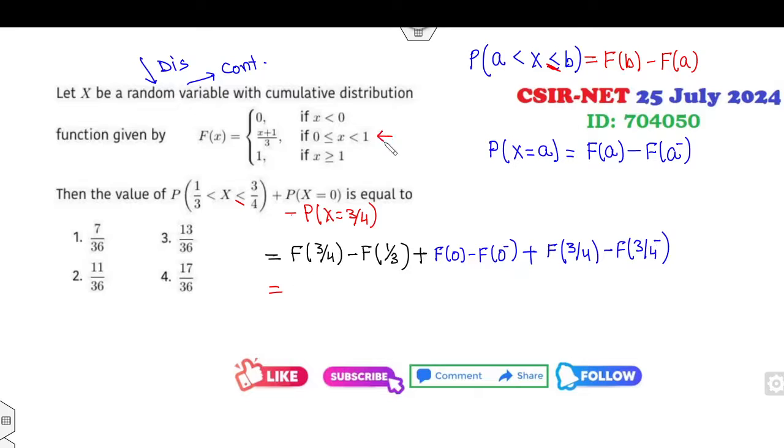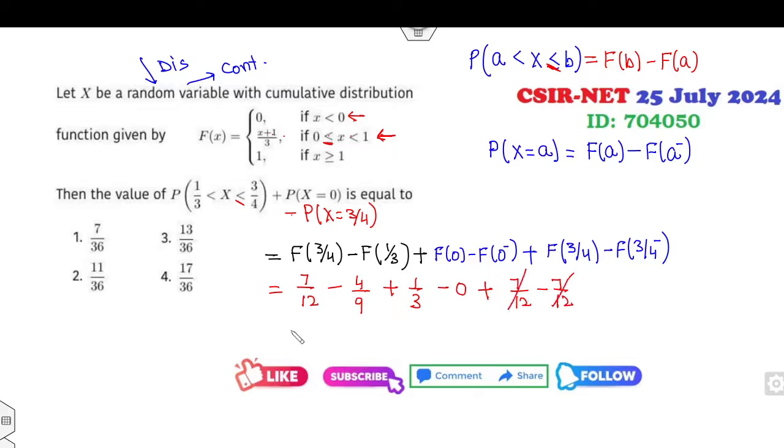3/4 lies in this case, so it is 3/4 plus 1, 7 over 4, that's 7 over 12. 1/3 again lies in this case, so it is 4/3 into 3, 4 over 9. For F(0), equality, 0 lies in this case, it is 1 over 3. 0 negative lies in this case, it is 0. 3/4 and 3/4 negative both lie in this case, so the answer will be the same, otherwise you can see it is 7 over 12 minus 7 over 12.